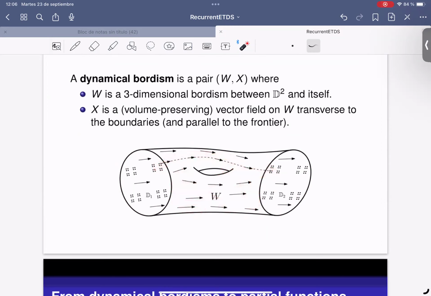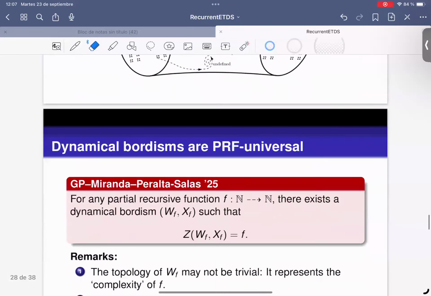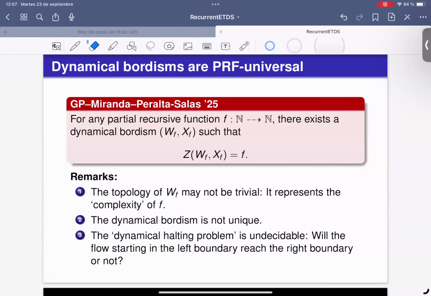So if you remember, in the previous setting, one step in the Poincare map was one step in the Turing machine. Here, what I want is that when I reach the outgoing boundary, I get the final result of the Turing machine. And we recently proved that this can be done for any computable function.